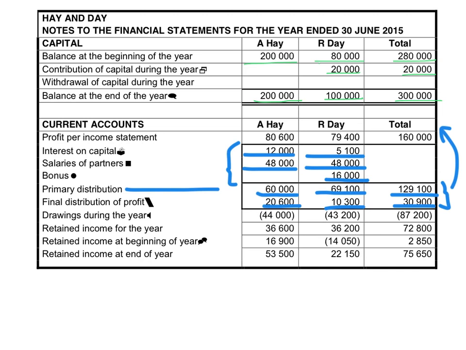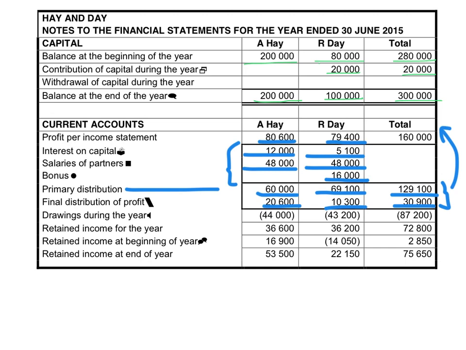I will take the 69,100 plus the 10,300 and show that out of the total profit of 160,000, Day will receive 79,400. And 60,000 plus 20,600, Hay will receive from the total profit 80,600.